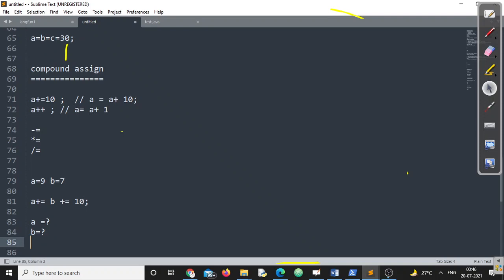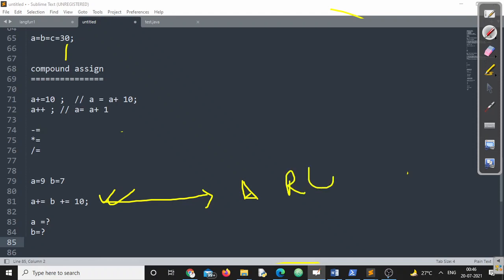First of all, whether this is a valid expression or not. This is a perfectly valid expression. Remember, all the compound assignment operators, I repeat, all the compound assignment operators always operate from right to left, this way. So which one will be operated first? This one will be operated first, then the next one will be operated.